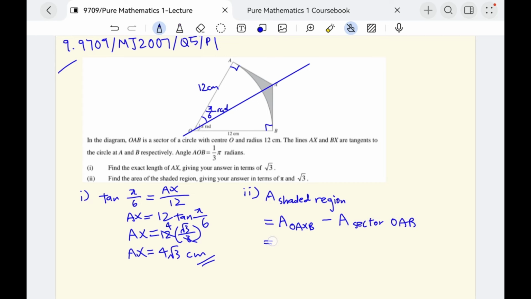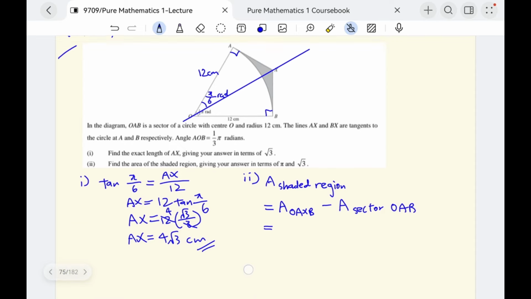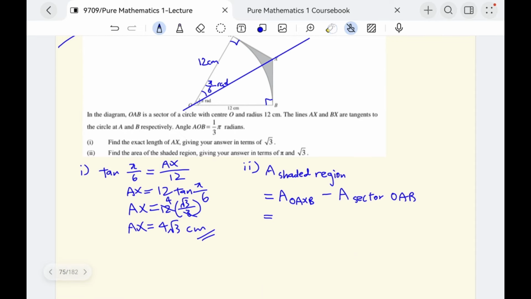So the area of OAXB is this entire geometry, that is twice of half times 12 times 4 root 3.